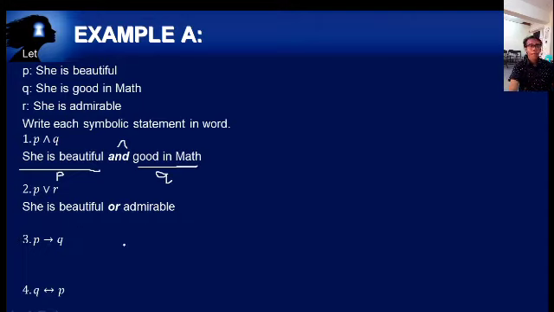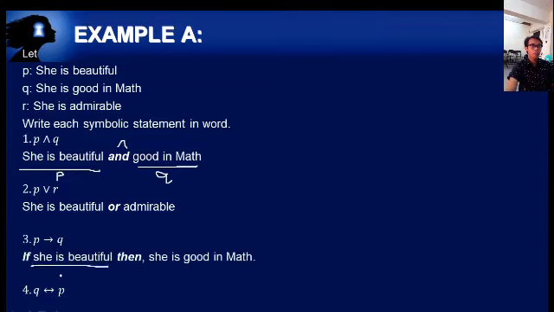Okay? Next, P conditional Q. Ang gagamitin po natin kapag conditional, or yung arrow going to right, is "if-then." So, if she is beautiful, statement P, then, yung arrow going to right, pasensya na kayo kung pangit ang magiging sulat niya, she is good in math.